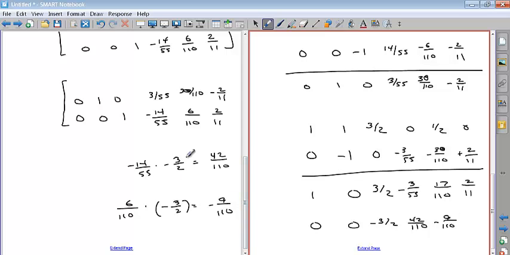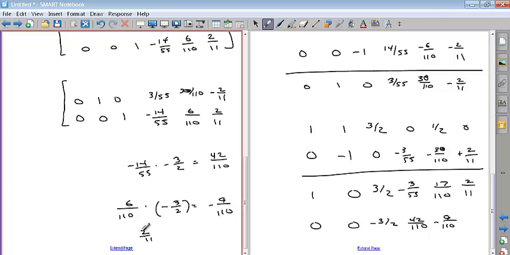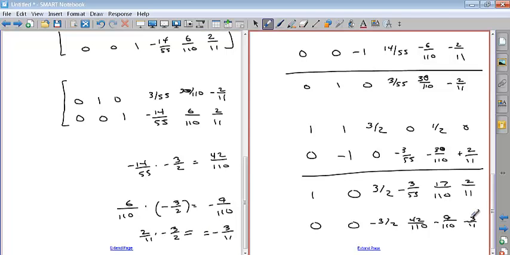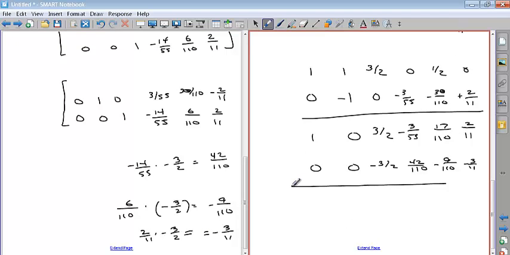And then the last one is 2/11 times negative 3/2, which is going to be negative 3/11. So I add those together, and I get 0, 1, 0.